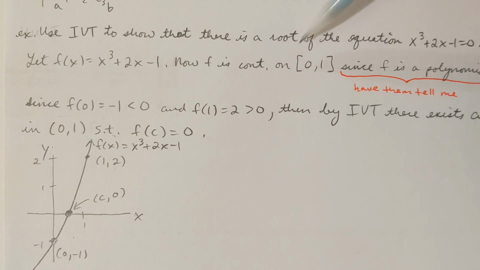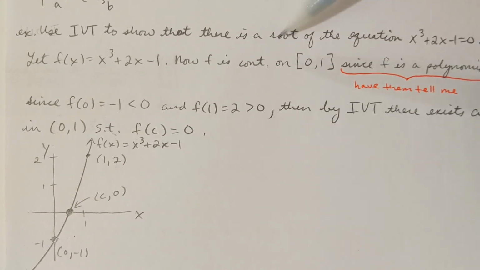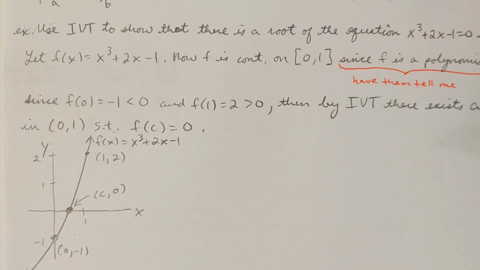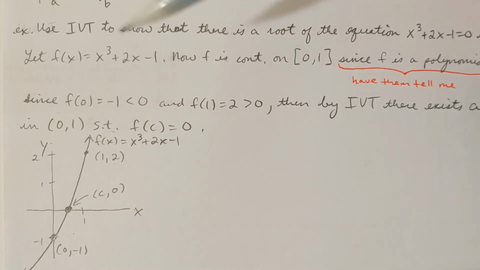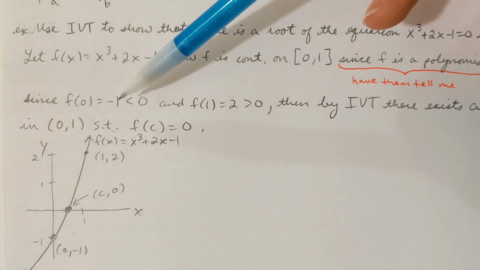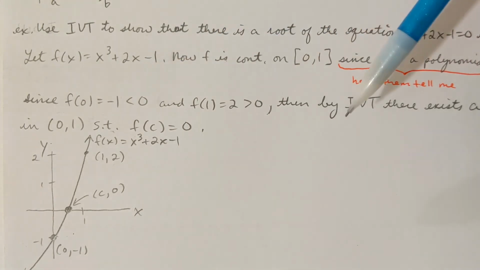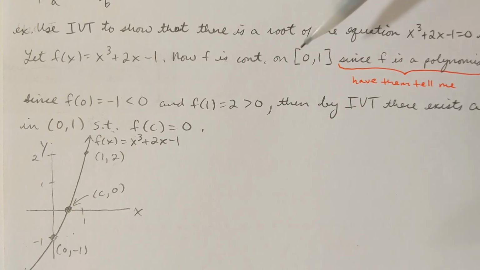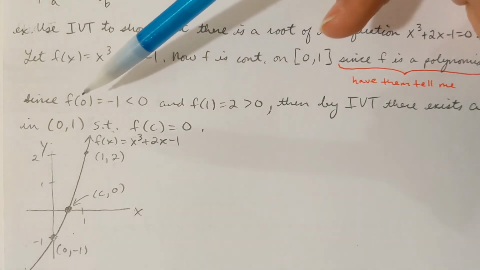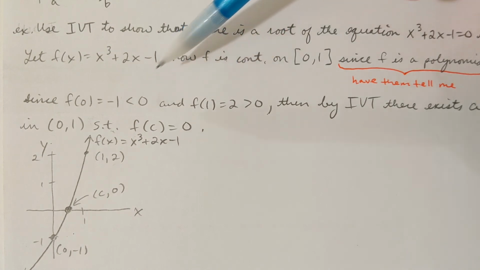Now a root is the same as a solution or an x-intercept. If I plug in my 2 endpoints on this closed interval, and on the left side I get a negative, and on the right side I get a positive, at some point I have to get an output of 0, right? There's some number c between 0 and 1 that will return 0. That has to happen.